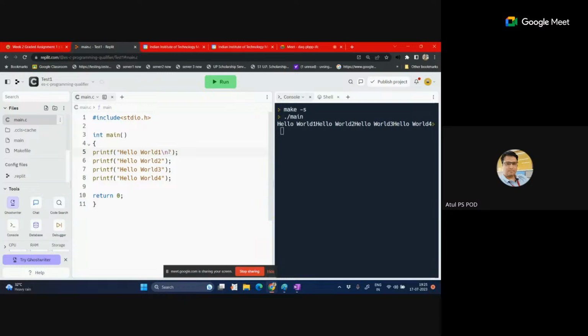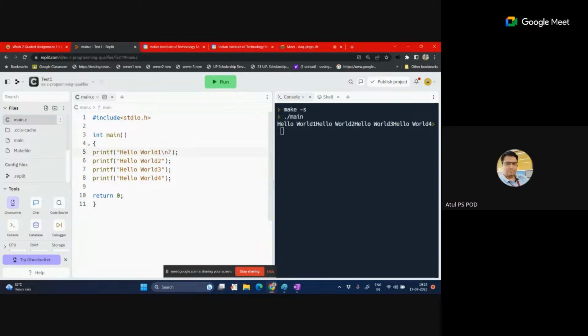But when I write this \n in the last statement, you can see the cursor is coming on the next line. Okay, so this is called the escape character. We used \n, so you can separate lines using this escape character.